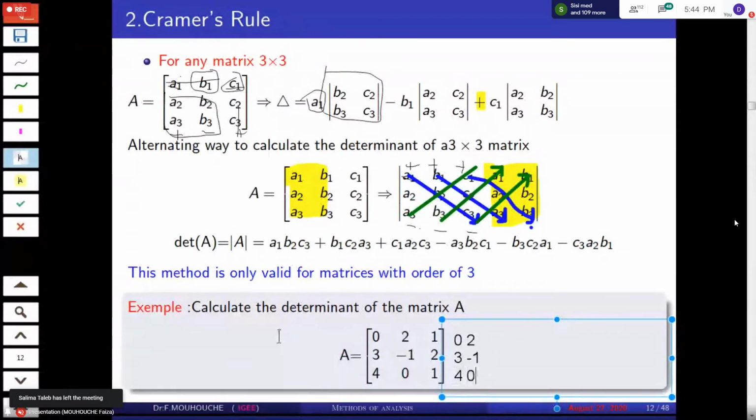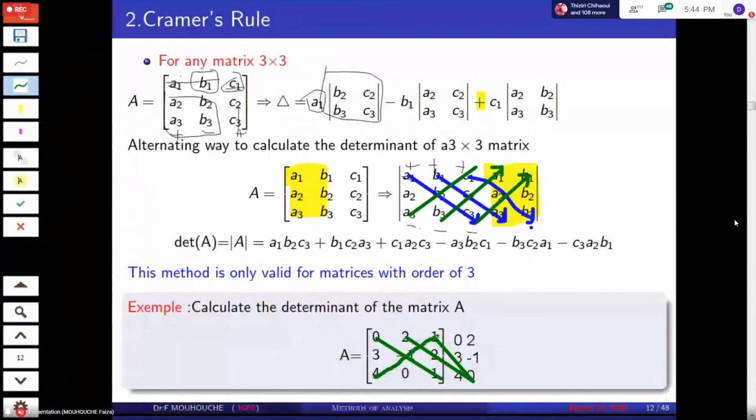We draw the diagonals from this one, like that, and here like that, and like that.